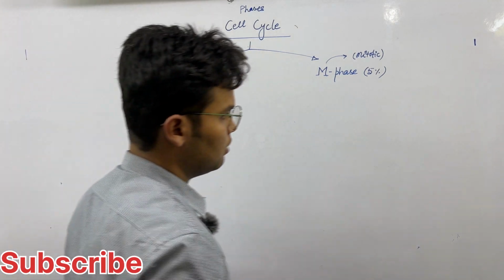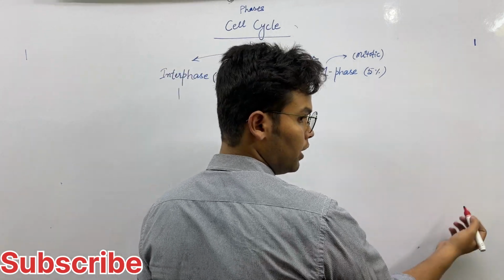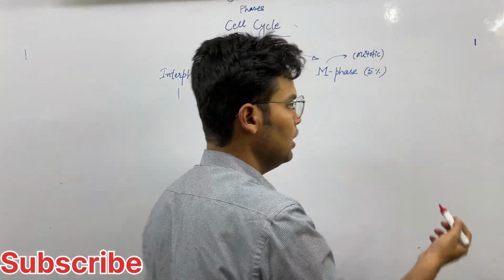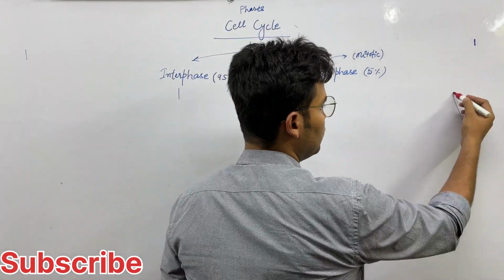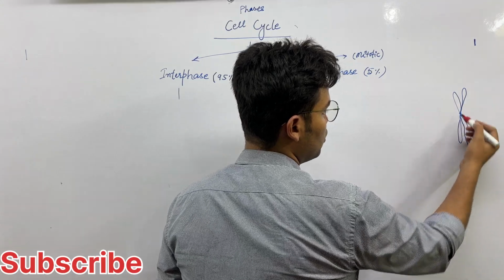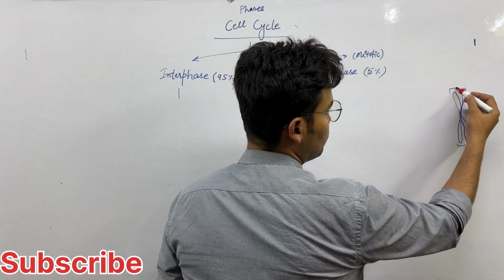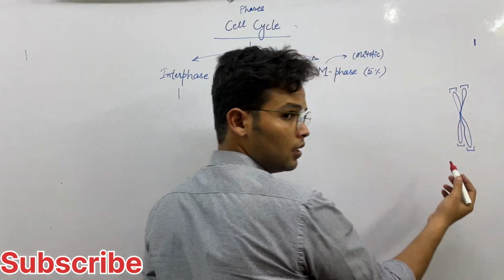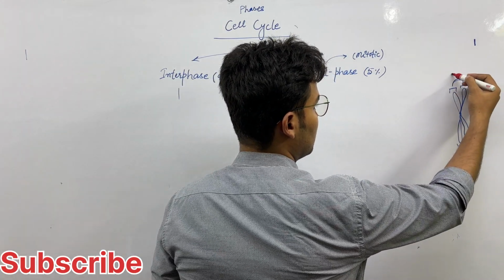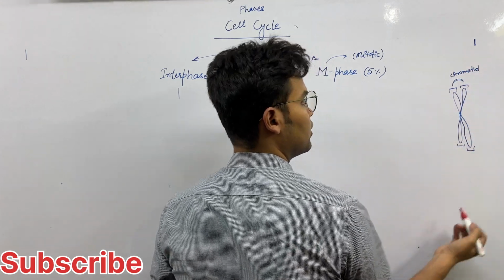One more thing I have noted down here: the chromatin, chromatid and chromosome. I have told you about the chromosome as well as chromatin. The chromatid is actually part of the structure of the chromosome. These two different arms are known as chromatids.